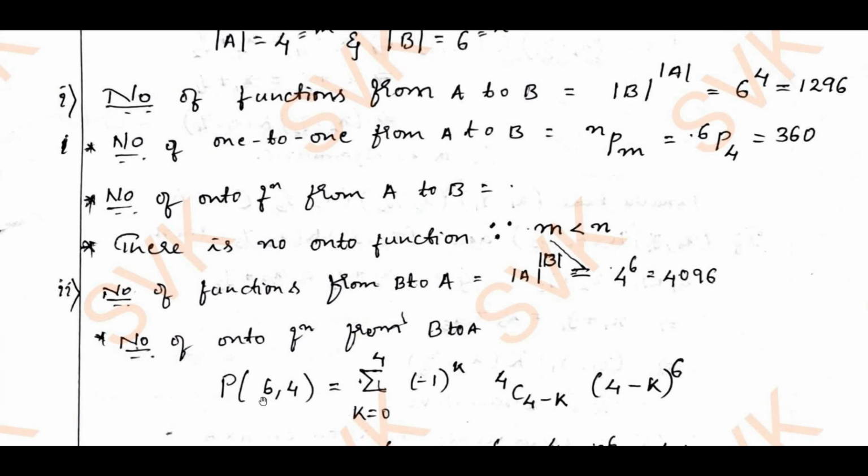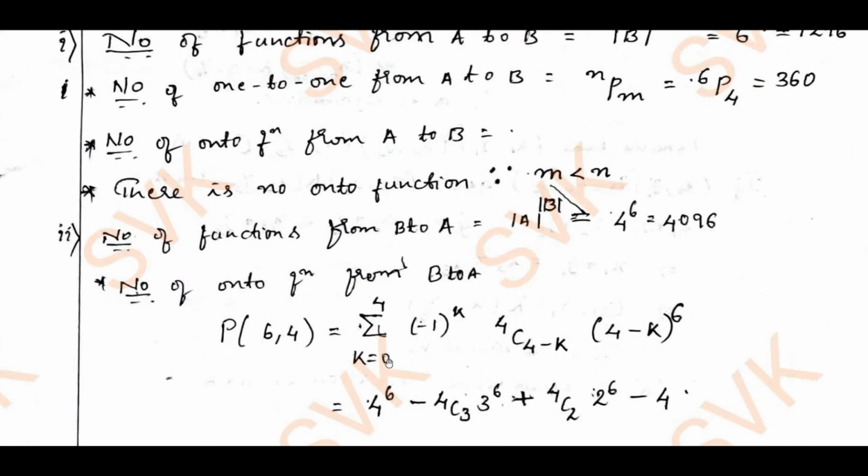So in place of n it is 6 and in place of m I have 4. Substitute those values. So I am going to get summation k equal to 0 to 4 minus 1, (-1)^k 4C(4-k) (4-k) whole power 6. Expanding this, k runs from 0, 1, 2, 3, 4.